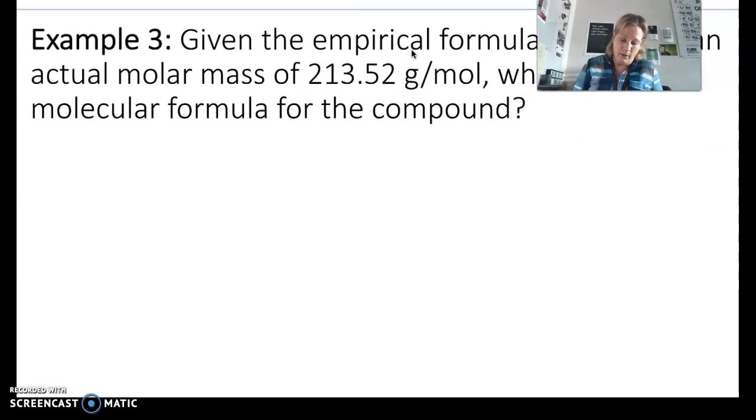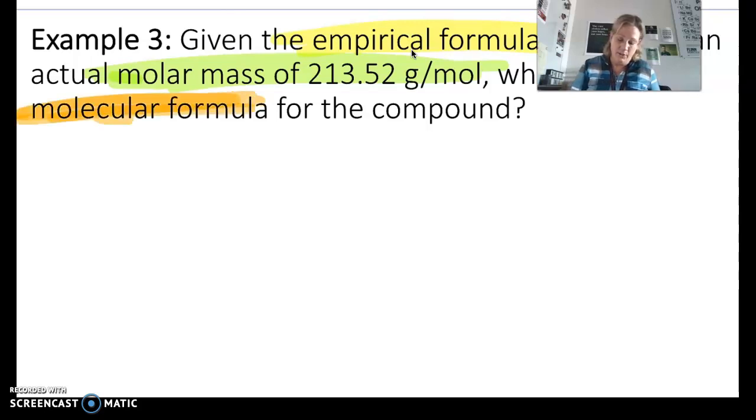So in this question, you're given the empirical formula, and then they tell you that the real actual molecular molar mass is 213, and they want to know what is the actual molecular formula.